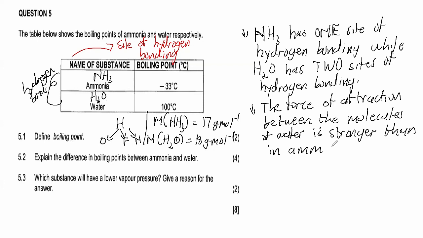Right. So because of those 2 sites of hydrogen bonding, that means the forces of attraction between the molecules of water are stronger than the forces of attraction in ammonia, right? So the forces of attraction between the molecules of water are stronger than in ammonia.